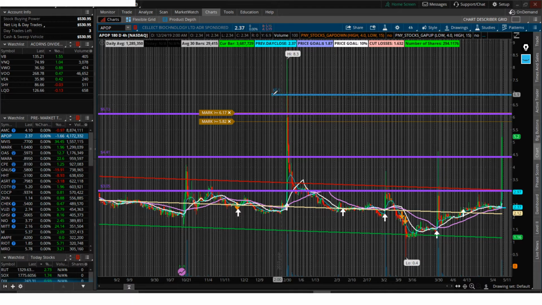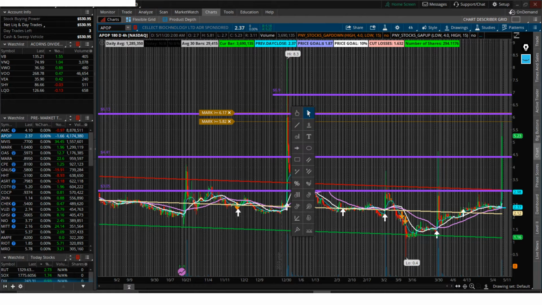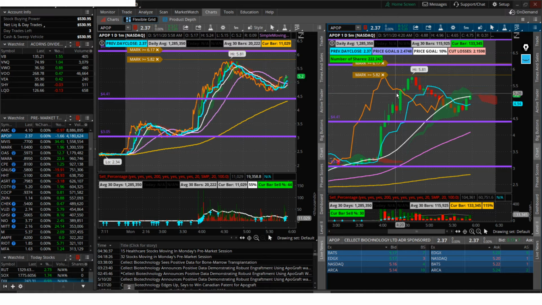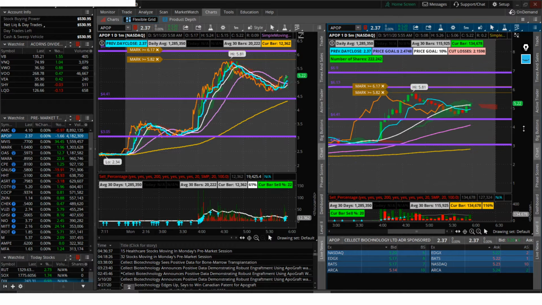Let's put it right here, 690. I see that the price is already trading pre-market around 522. I already created an alert at 582. I have a resistance at 613, and then I have my last resistance at 690.